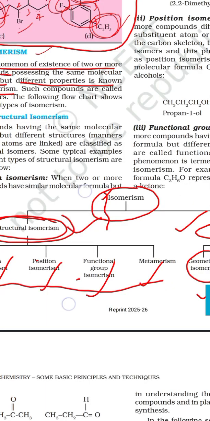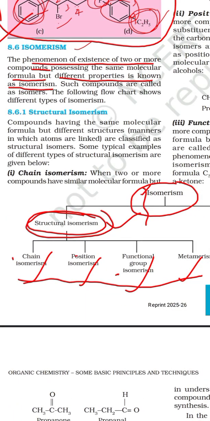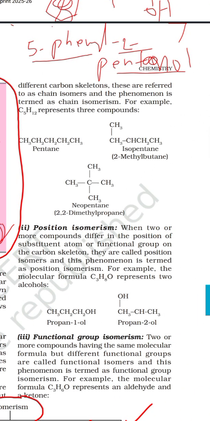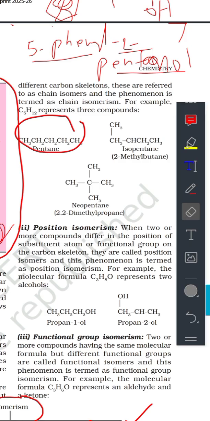First, let us see what structural isomerism is. In that, what is chain isomerism? Here an example is given. This is pentane, which has 5 carbon atoms.